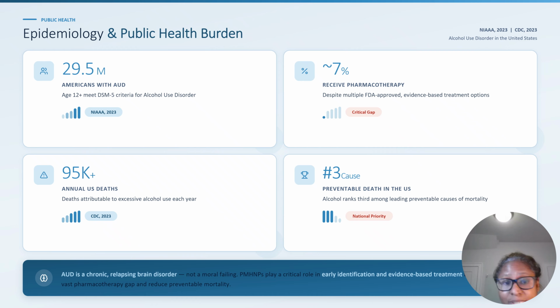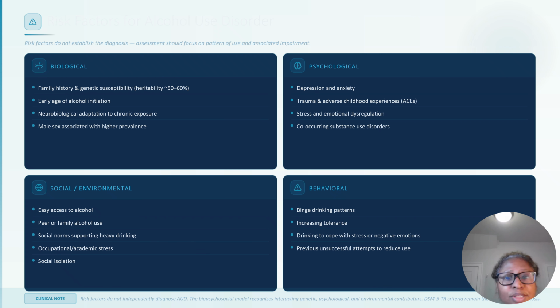As far as biological, physiological, social, and behavioral, we will go over those risk factors. Family and genetics can play a serious role if you have a parent or a sibling that suffers from alcoholism. Just having that exposure is a big deal.